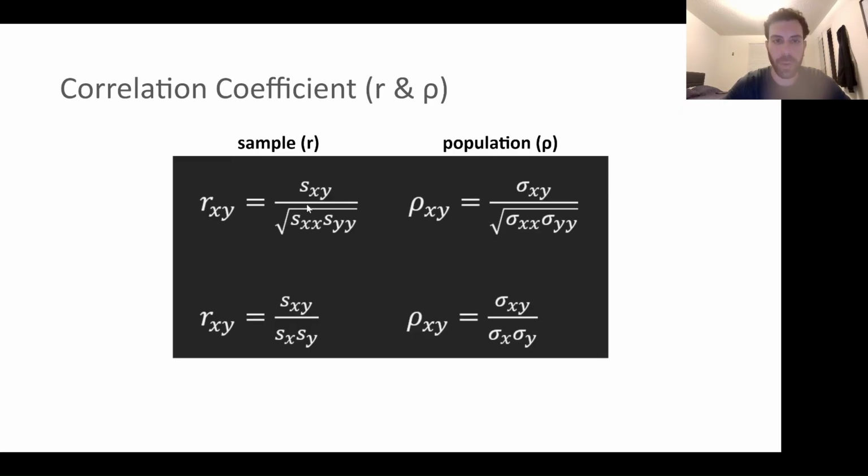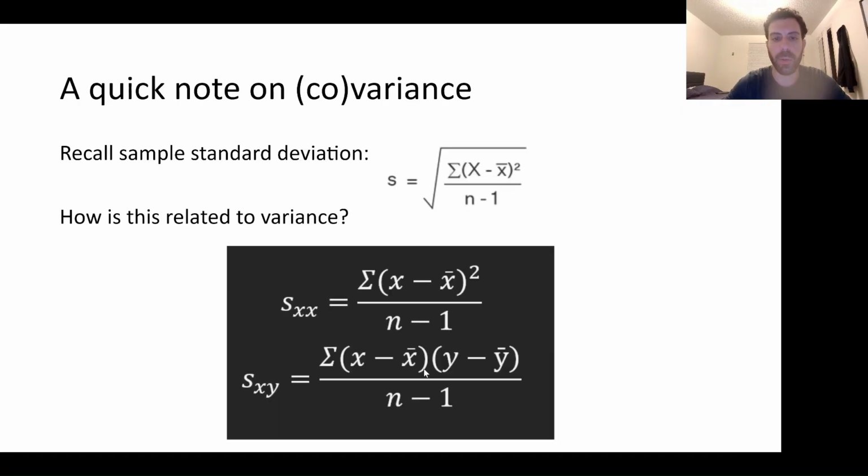So let's go over the numerator first. This is the sample covariance between x and y, which you saw on the previous slide. It looks a little intimidating, but it's nothing more than multiplying the deviation in x with the associated deviation in y, and then summing up all of those products.